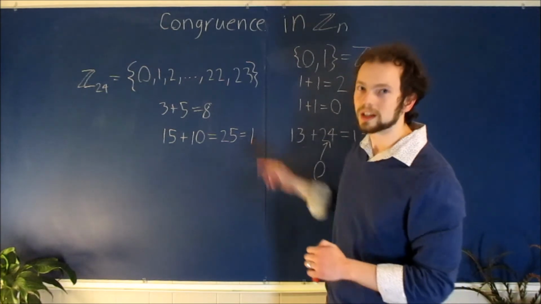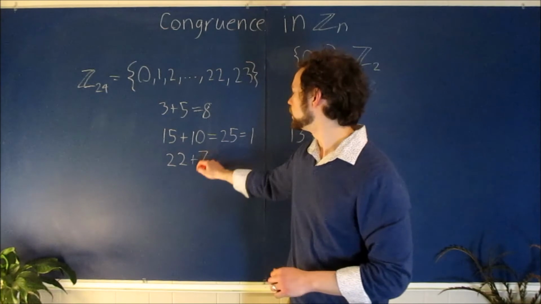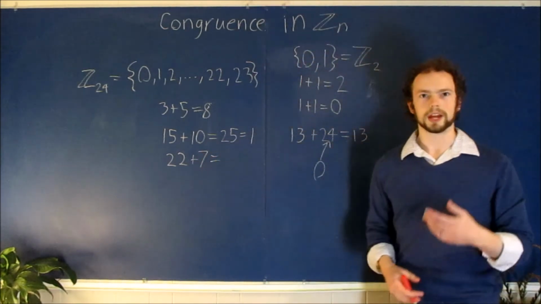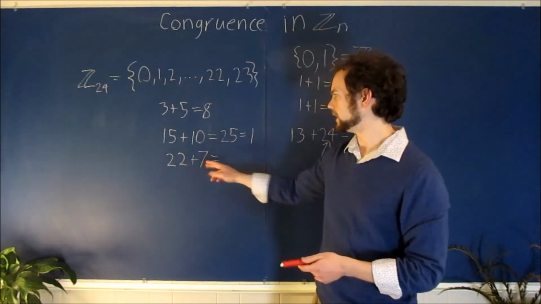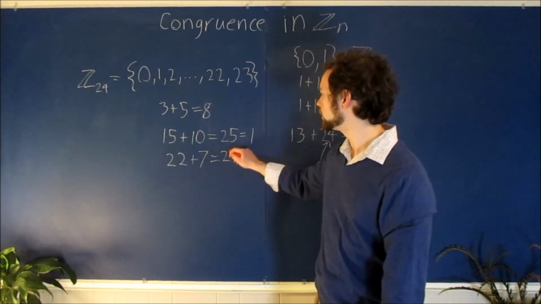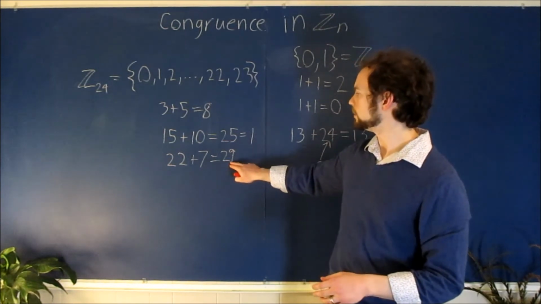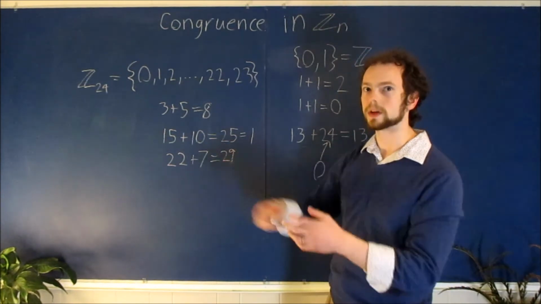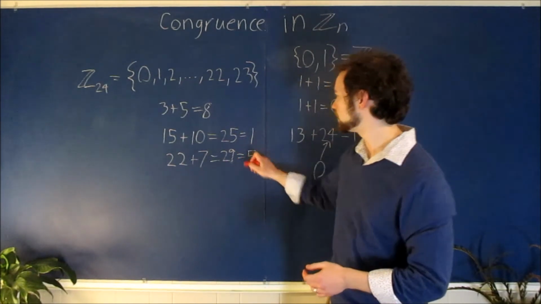If I start with 22 and then I wait 7 hours, so I'm adding 7, I'd get 29, just adding as integers, but at this point I've gotten to 24, and then there are 5 left over. So this is really equal to 5.